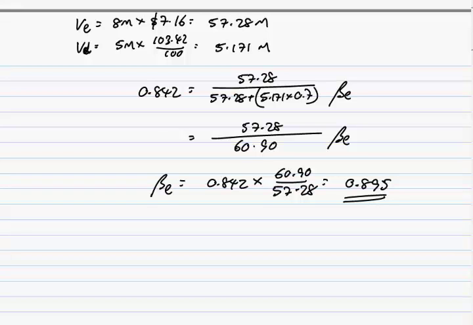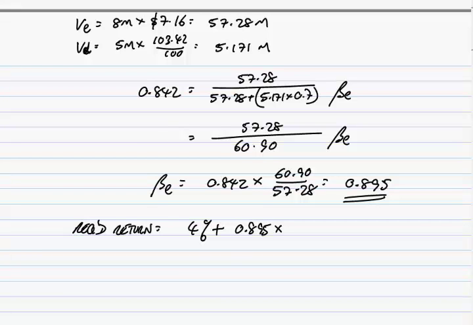Now we can work out what return shareholders would require, and therefore the cost of equity, using the standard formula. They'll be equal to the risk-free rate, which is 4%, plus beta 0.895 times, be careful here, the market premium.